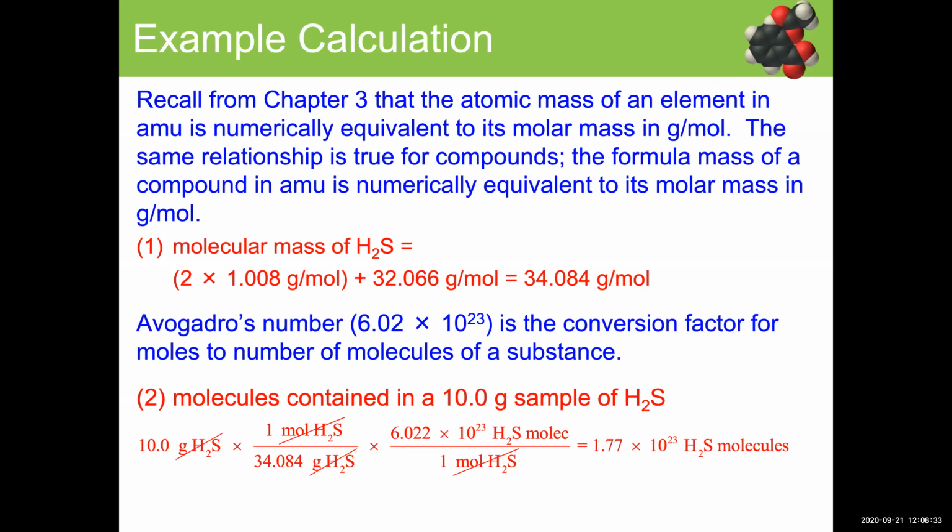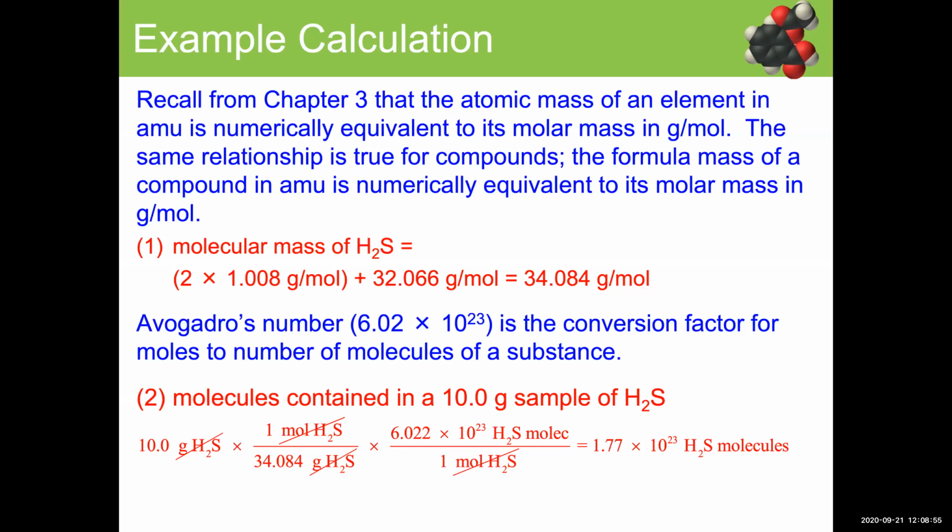we can use that molecular weight to go from grams to moles. We do that in the first step, where the units on our 10 grams of hydrogen sulfide cancel out in the denominator with the grams of hydrogen sulfide based on our molecular weight. That gets us to moles of hydrogen sulfide.